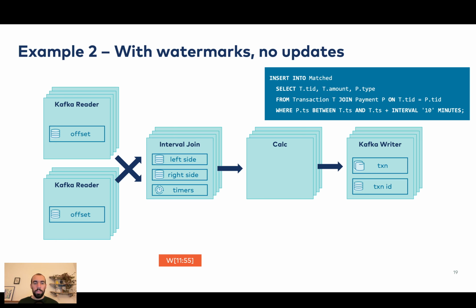So everything before 11:55 can actually be discarded because we don't need it anymore, and knowing that it is 11:55 will trigger some timers for result computation. And once this result computation and state cleanup has been executed, the watermark will travel further through the pipeline all the way down until it reaches the sink.